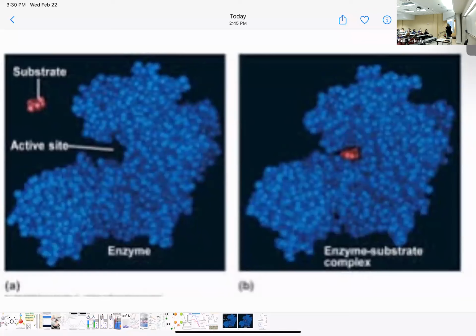And then once the products are made, the products are going to be shot out of it, and you're left with the enzyme intact. So an enzyme is just our biological catalyst. It all depends upon what reaction we want, what this composition has to be.